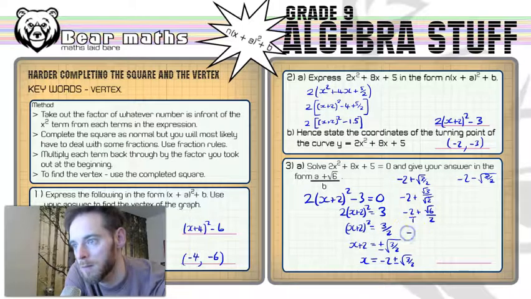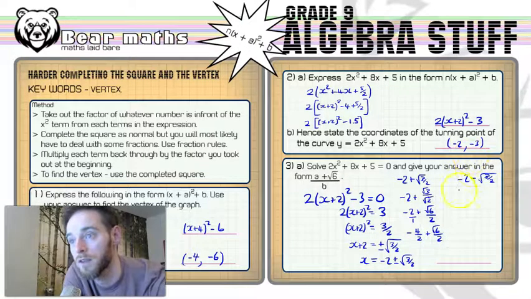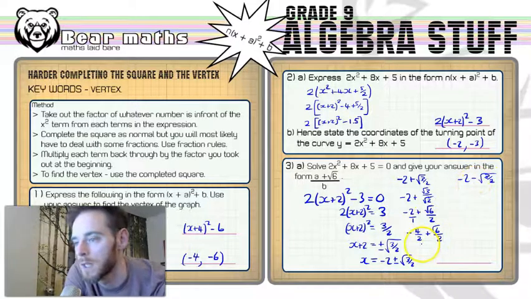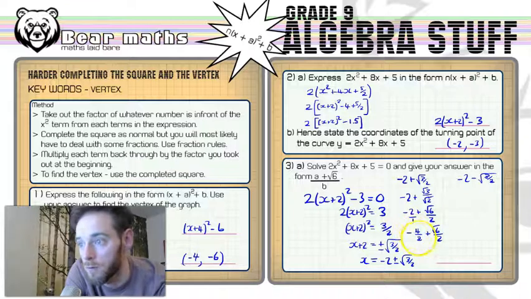Let's make them the same. So we multiply this first fraction by 2. That's going to give us minus 4 over 2 plus root 6 over 2. And notice I've done nothing to this one yet because it's just going to be exactly the same with a negative in the middle.